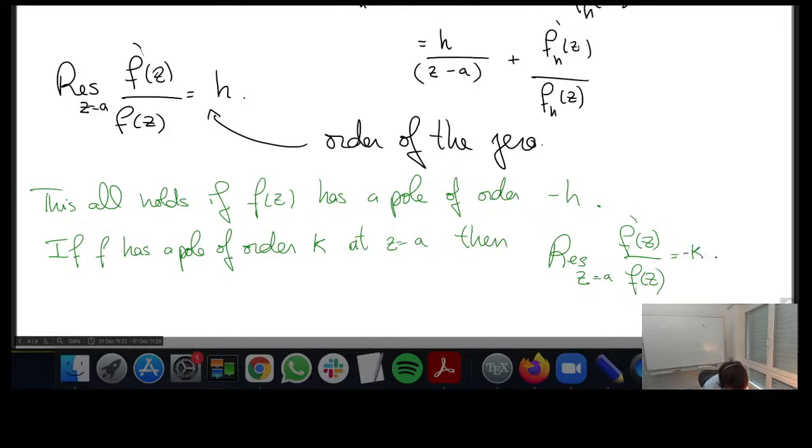Because the order was minus h, it gives the residue minus h. Nothing changes in the calculation, so the residue is minus k.